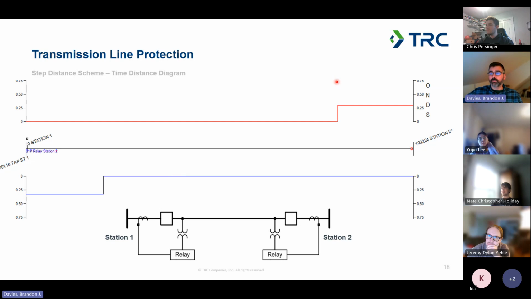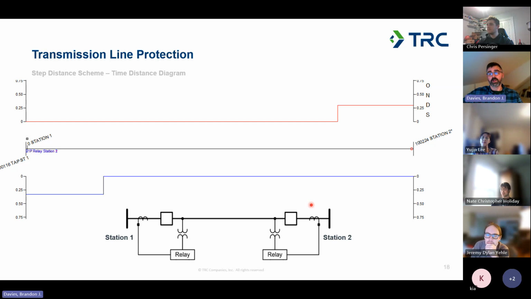So assuming we had these set at 80% of the line impedance for our zone one, that leaves this last 20% on this end that's going to have time delayed clearing, and 20% on this end that's going to have time delayed clearing from the other terminal. So that means we've got about 60% of the line covered that the relay is going to operate from both ends instantaneously, which means it's going to clear the fault in the matter of a few electrical cycles.